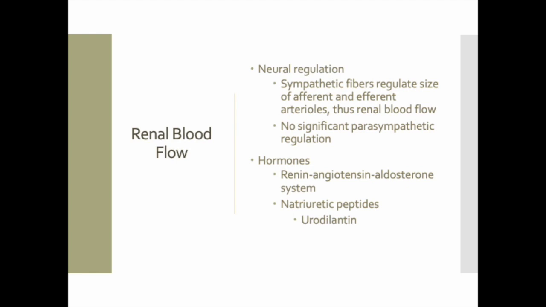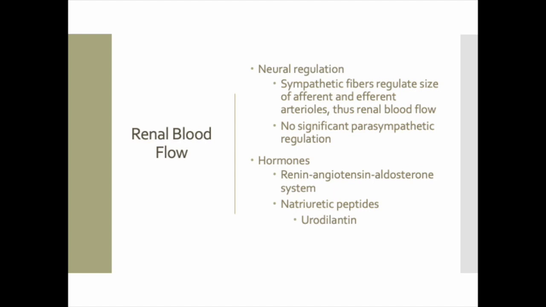We also have the sympathetic nervous system that participates in hormonal regulation of our renal blood flow also. Think about the renin, angiotensin, aldosterone system. Now, there's no significant parasympathetic innervation. The innervation of our kidneys is coming primarily from the celiac ganglion and the greater splanchnic nerve.